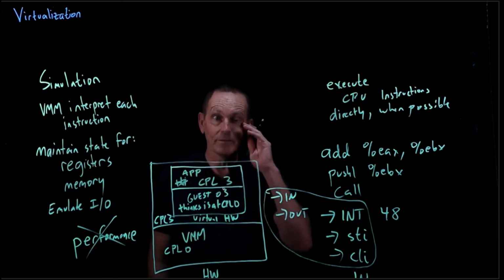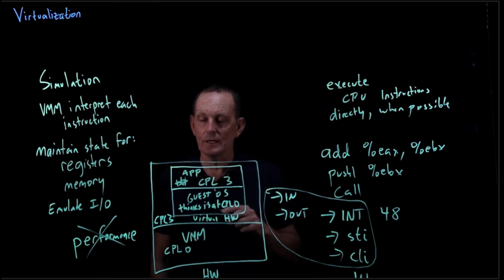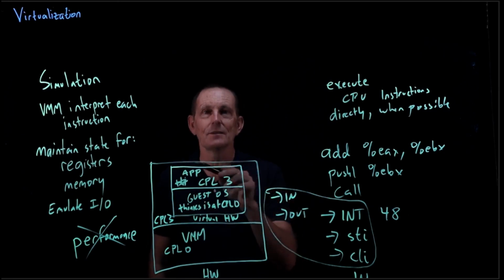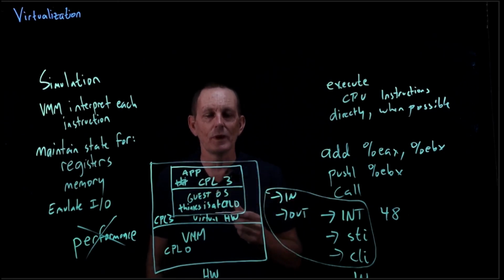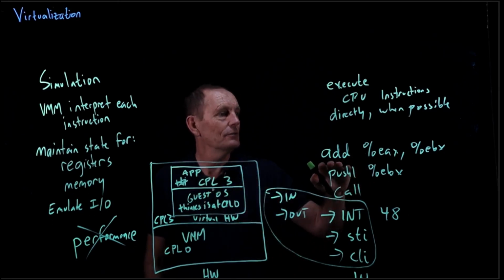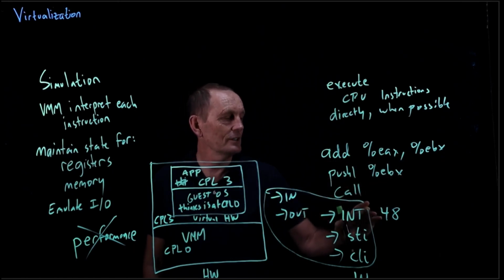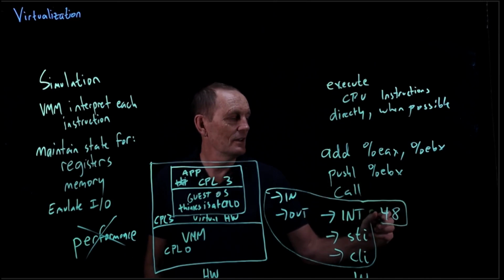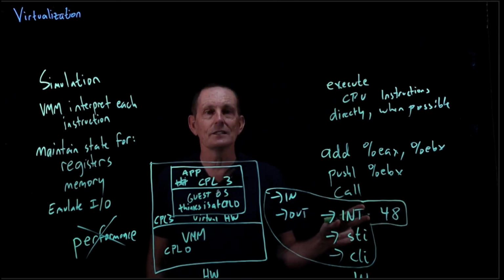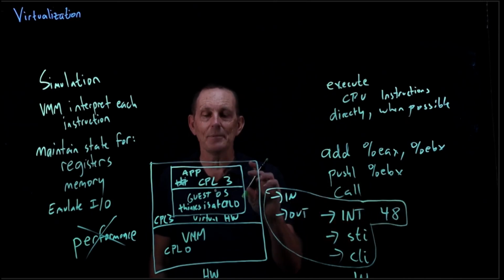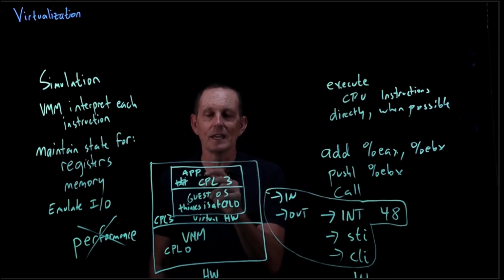So what would happen here is, as we're running, we're actually running this at CPL3. And so what that means is, as we're running, this instruction works fine, this instruction works fine, a call works fine. If we try and execute an int 48, this would be a case of, let's say, an application making a system call.